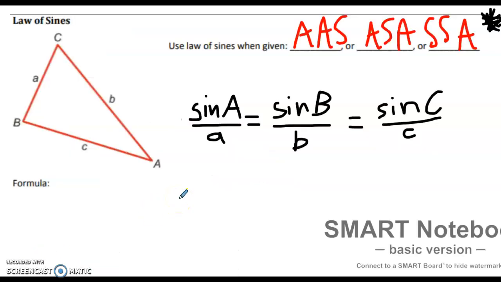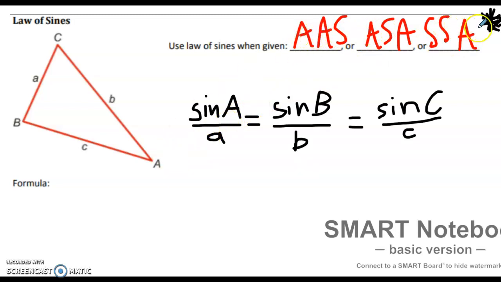So looking back at your notes, we call this formula the law of sines because it's the ratio of any of the sine angles. And we are going to use the law of sines if we have 3 pieces of information. We have to know either 2 angles and a side or 2 sides and an angle, but they have to be in a specific order.